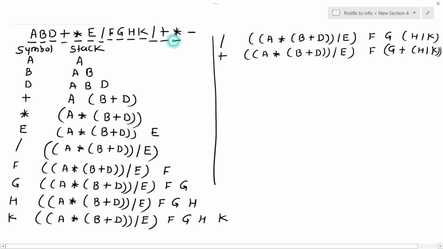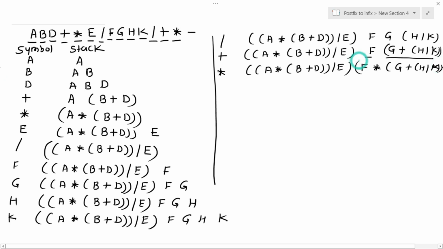The next one is multiplication. So top of the stack are F and this expression. So here F into G plus H divided by K, and again put it in bracket. Okay, the last symbol is minus.